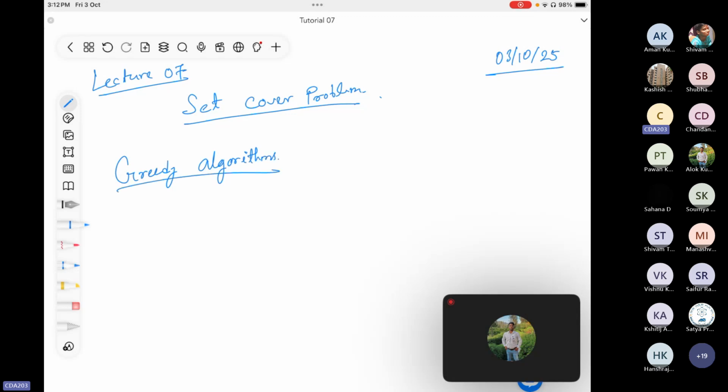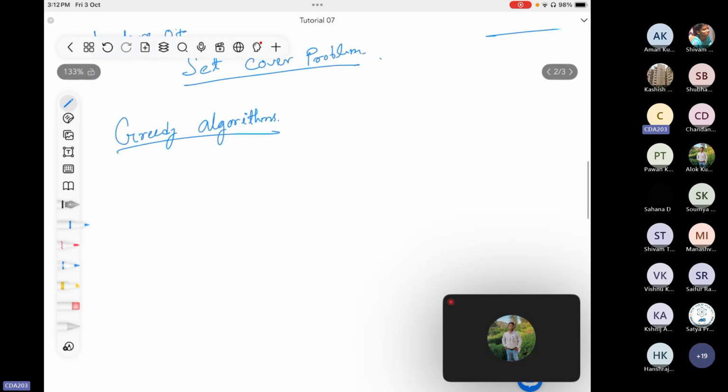How do we design these greedy algorithms? It also has a kind of substructure that we have seen in dynamic programming, but it's different. Here we have a problem. Let's say you have this problem. This is your original problem, given input.